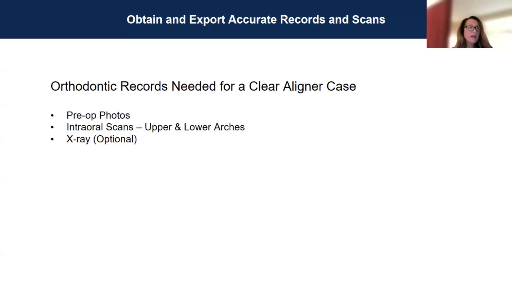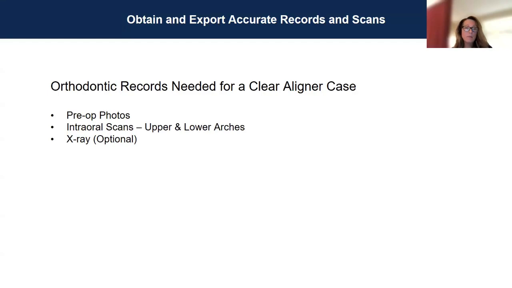I really think panoramic x-rays are very important to send to an aligner company, because just because of how a tooth may look in the mouth, what is under the bone where you can't see it, right? So I find it very important to send a panoramic film along with your pre-op photos, your scan of upper and lower arches.